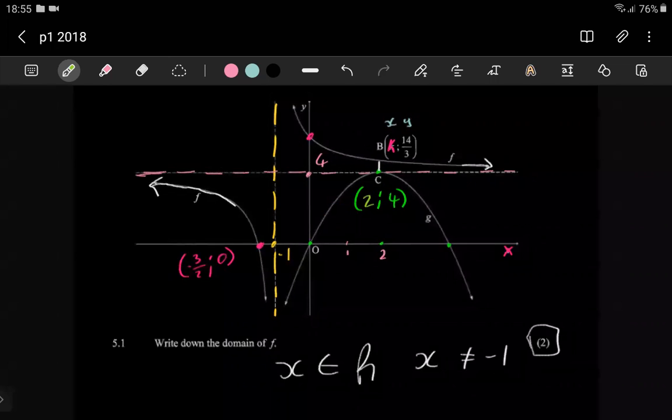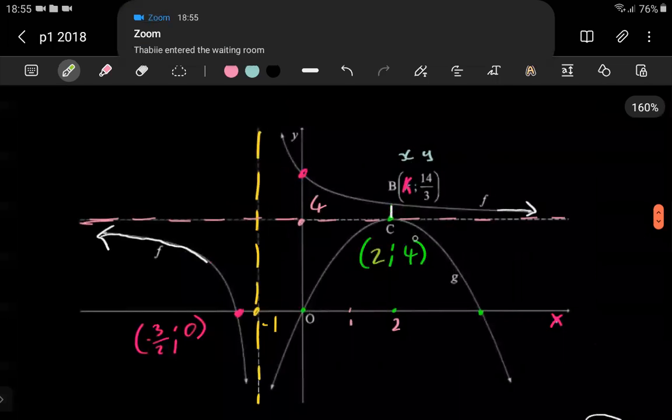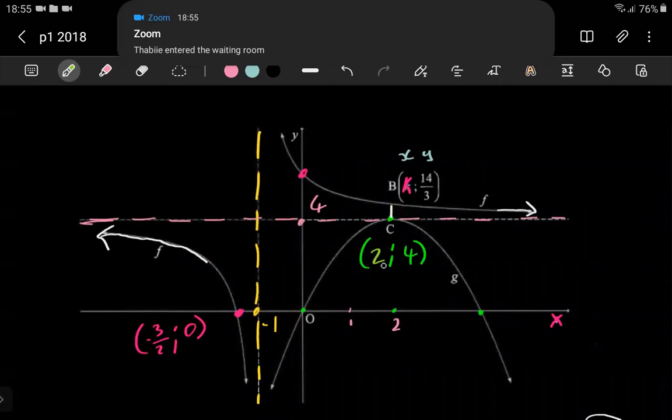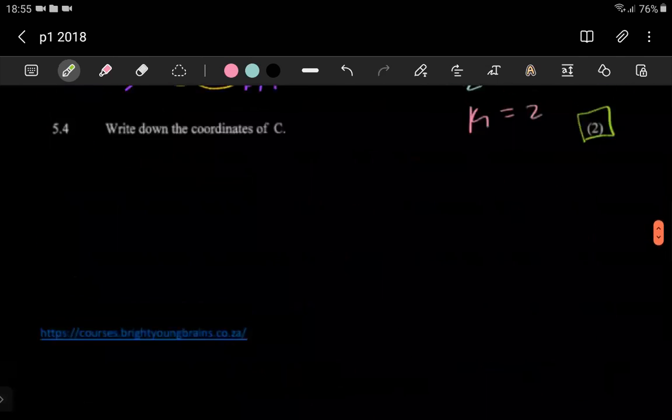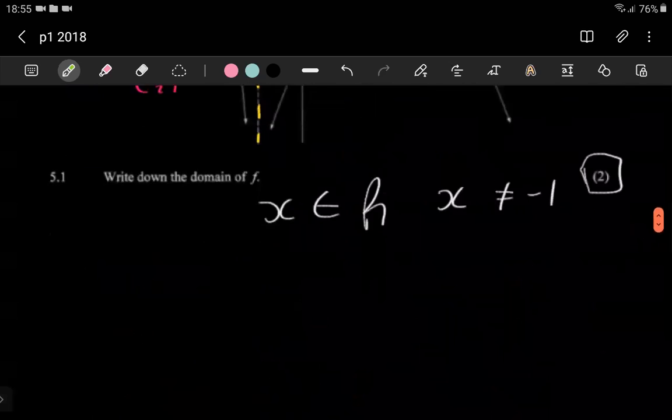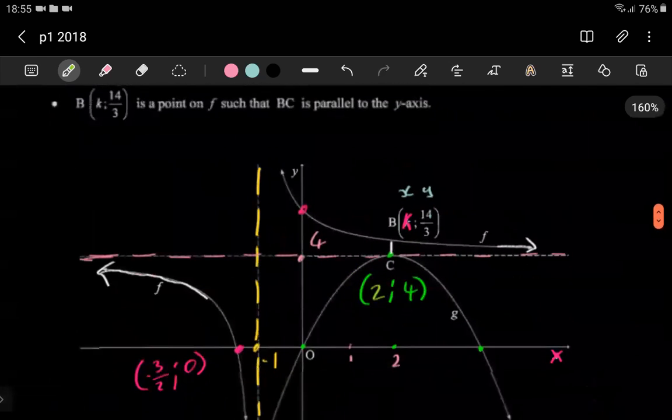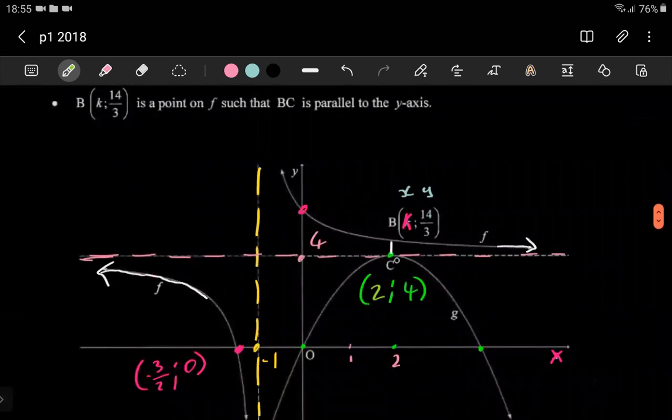Now, the fortunate thing is here, coincidentally, I just wrote the coordinate of C in the previous question, just because of all the information we had filled in. If you recall from the previous question, we had already stated that as long as our turning point is on the asymptote, the y value is 4.